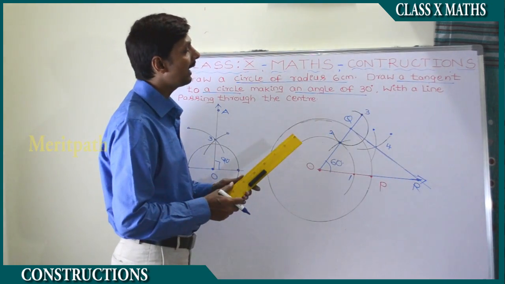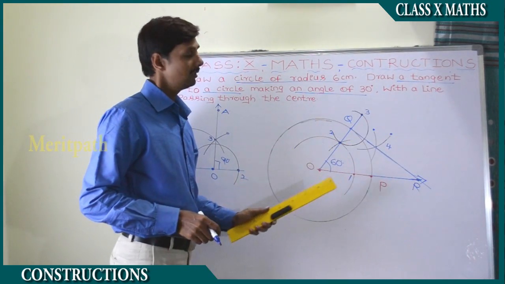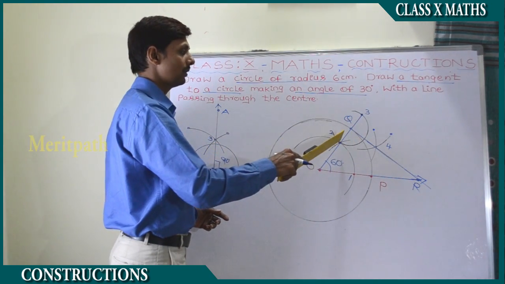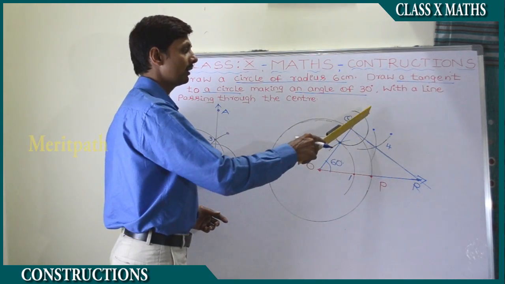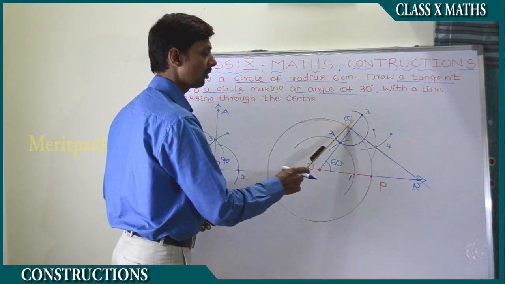We want to draw a perpendicular line for OQ, and then we constructed a 90 degrees angle here using the point like this. We got the points 2 and 3, and we made 2 arcs and we got the point 4. Q and 4 is joined.